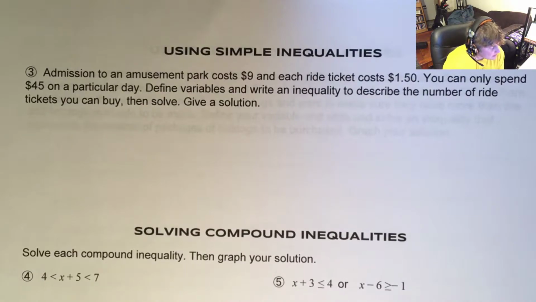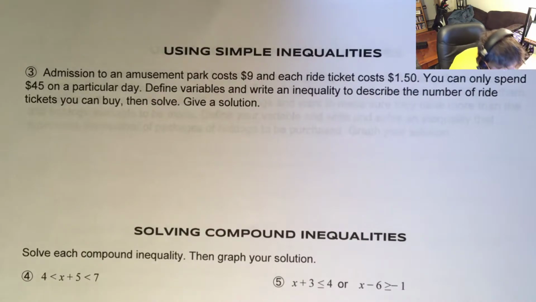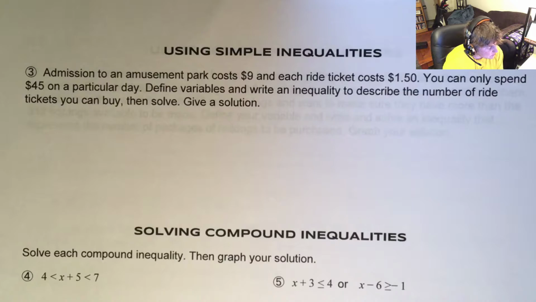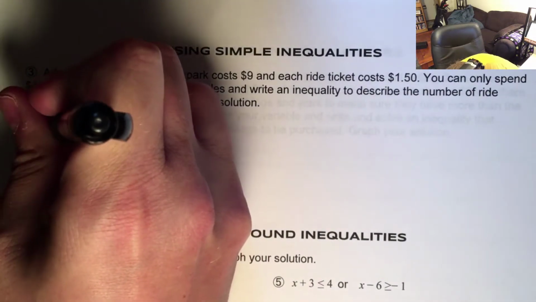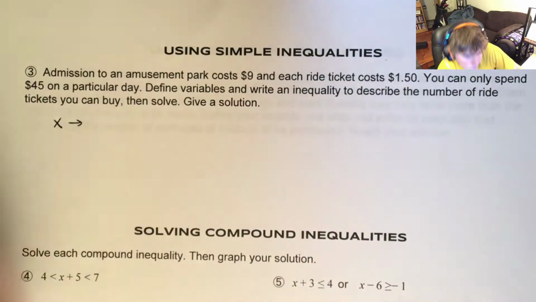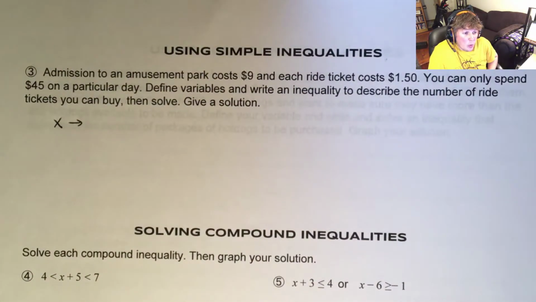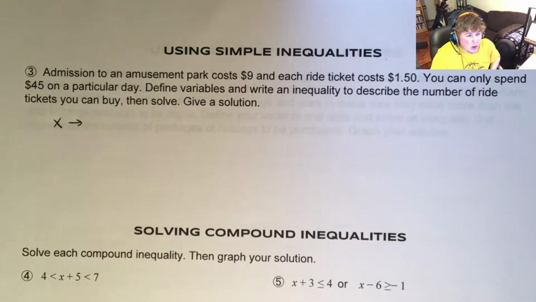Okay, so as I'm looking at this, let's go ahead and define our variable. Often defining variables will help us determine how we are going to answer a question. It's also the moving part, the part that is constantly changing. Well, what's not changing is the amount of money that I have to enter the amusement park. It's just $9.